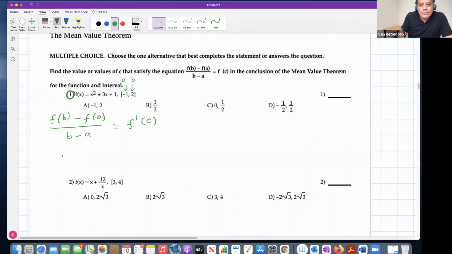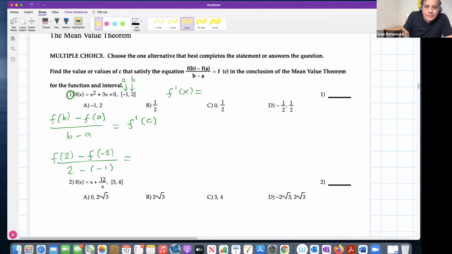So let's compute this: f evaluated at 2 minus f evaluated at -1, over 2 minus -1. And let's make that equal to the derivative of this function evaluated at c. But remember, since f is a polynomial function, x squared plus 3x plus 1, what should be the derivative of this?